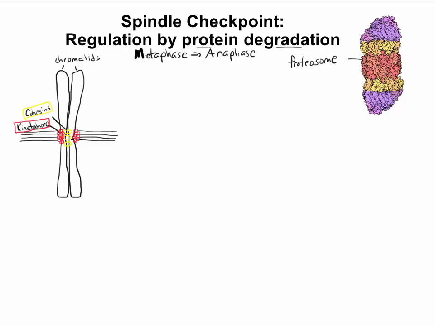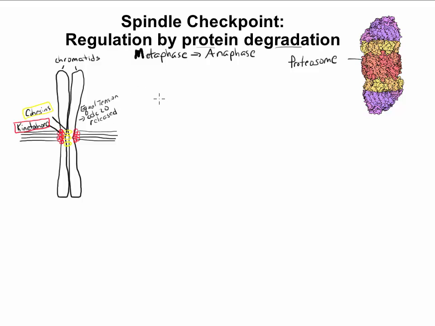Well, it turns out that it involves proteins here in the kinetochore that are going to actually leave the kinetochore in response to equal tension being established. So when equal tension has been established on both of the sister chromatid kinetochores, that leads to the release of a protein called CDC20 from the kinetochore.